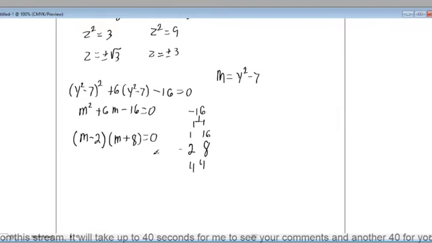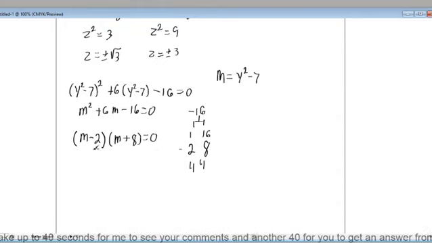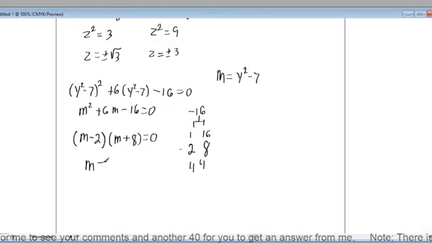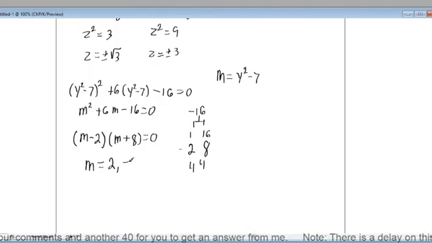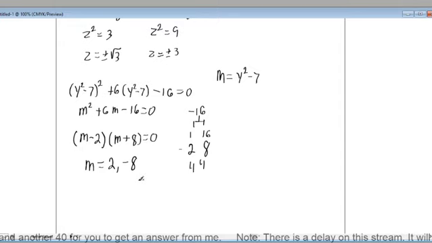Okay. So now we just need to use our zero product principle to solve these. Each of these could be equal to 0, and that means that m could be equal to 2, or it could be equal to negative 8. All right. Again, we're not done yet, though, because this is just m.